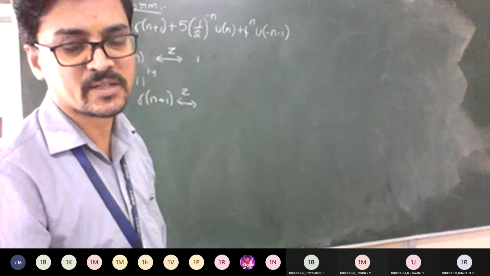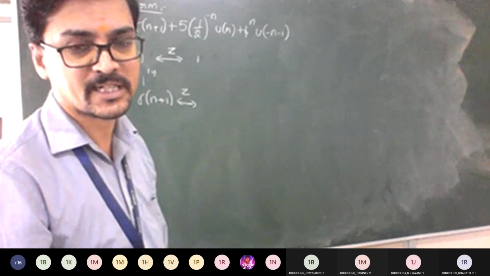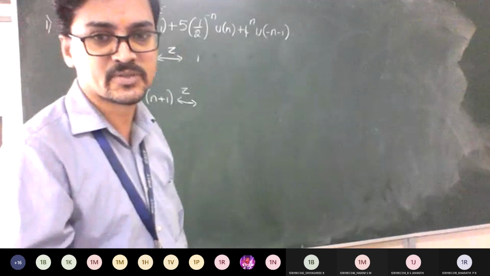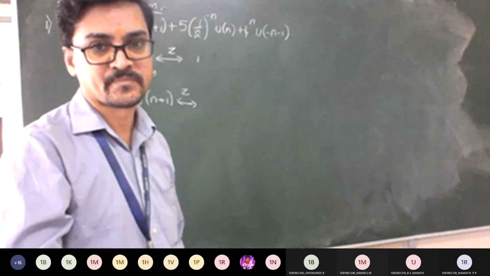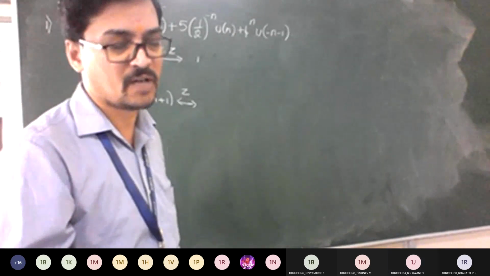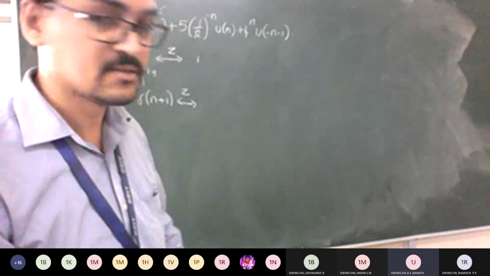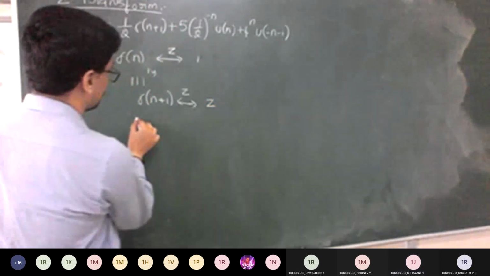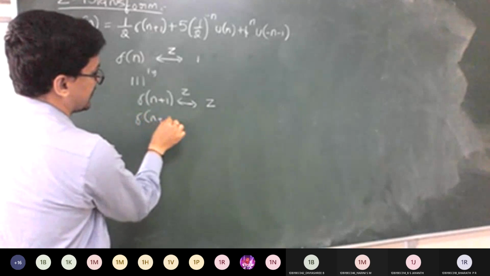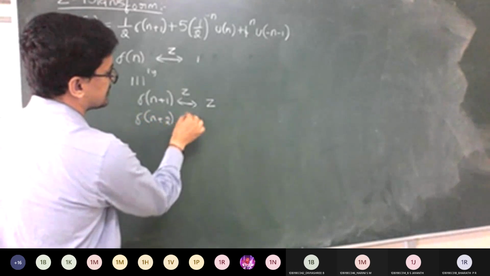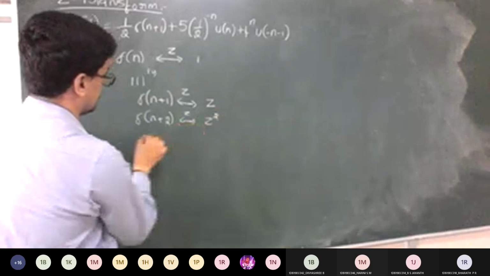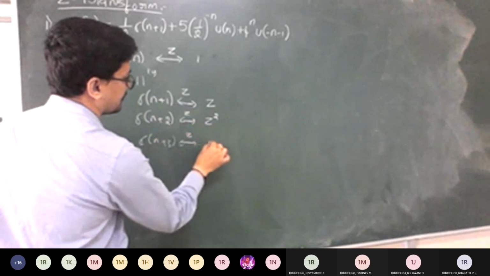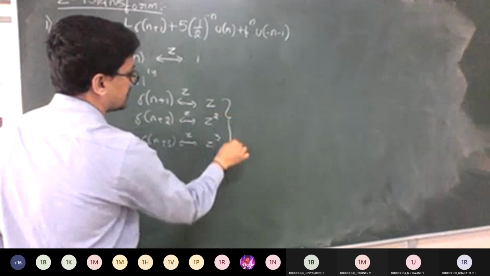You know delta n means 1. What will you write for delta n plus 1? Because in the question it is n plus 1. If you know the formula, you can just substitute. It is Z. So delta of n plus 1 gives Z, delta of n plus 2 gives Z square, delta of n plus 3 gives Z cube, and so on. You remember this part.